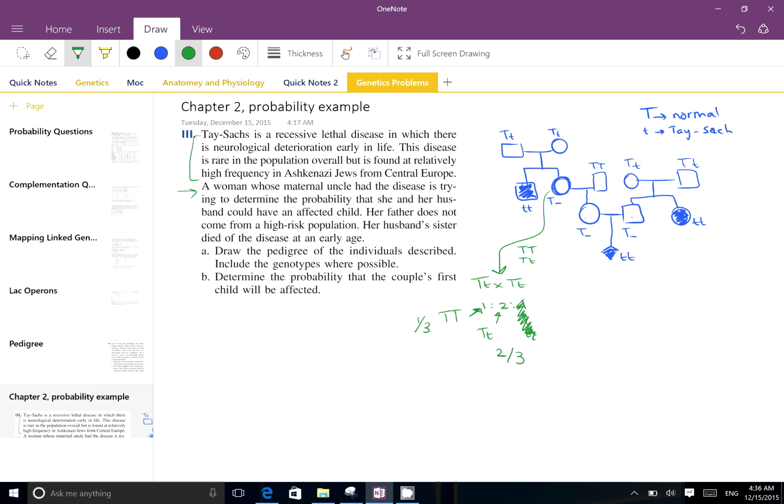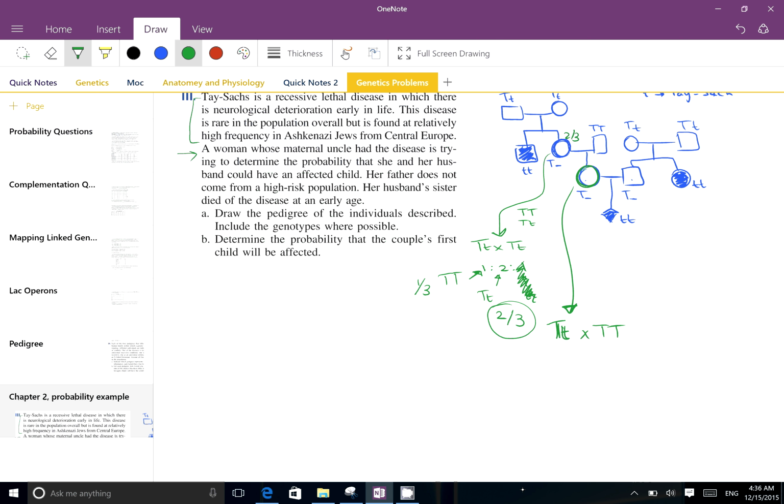For her to pass down the disease to her daughter, we look at the probability of her being a carrier, which is 2 over 3. Then we look at the daughter here. If the mother is a carrier and the father, we said, does not carry the disease, it doesn't run in his family, then it's het times homo.